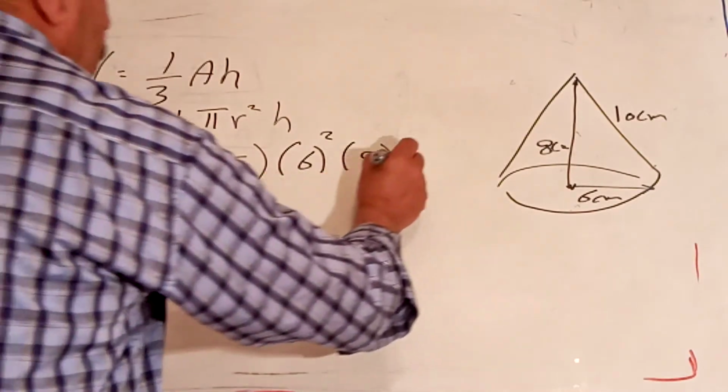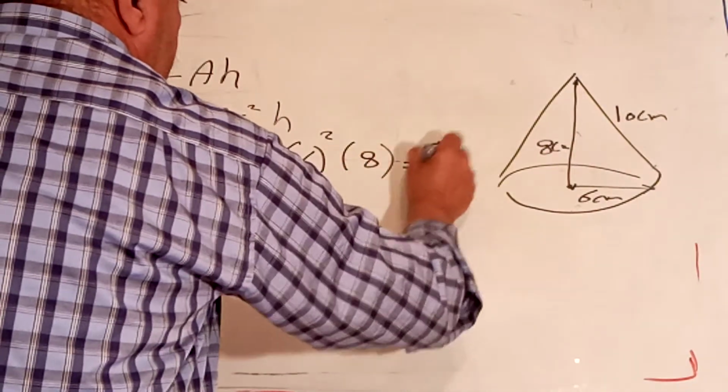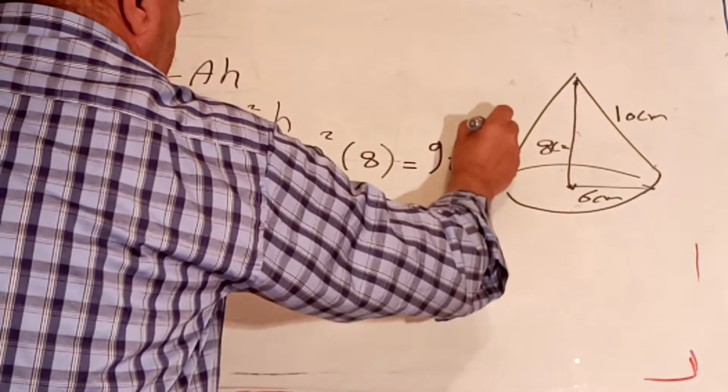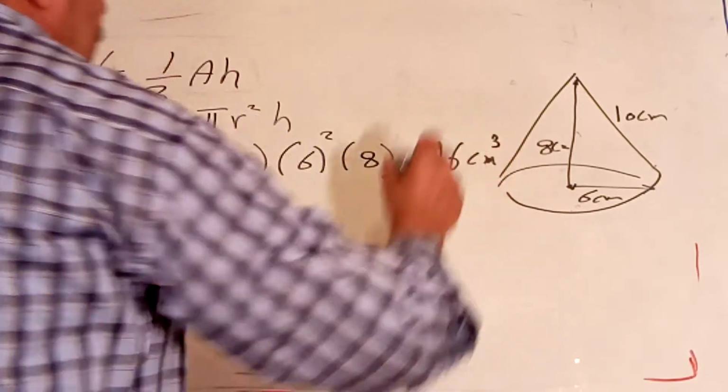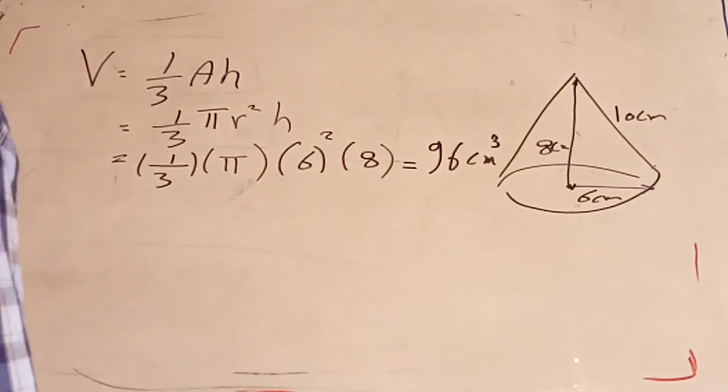So the volume is 96 pi cubic centimeters. Volume is cubic.